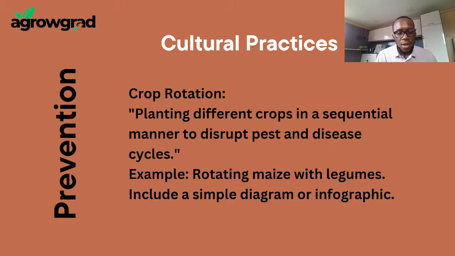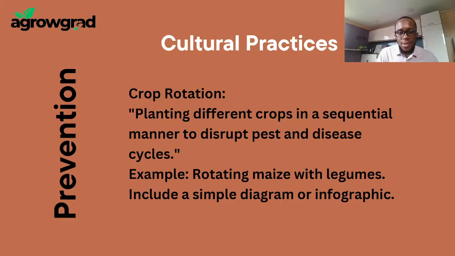First off, crop rotation. Specific pests attack specific crops, right? So with crop rotation, in a way, you're just confusing the pests.